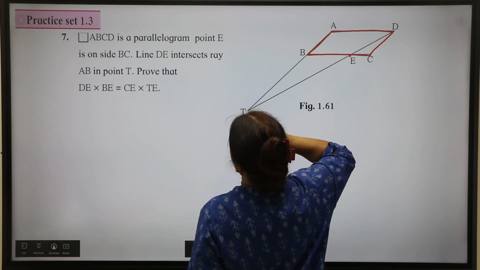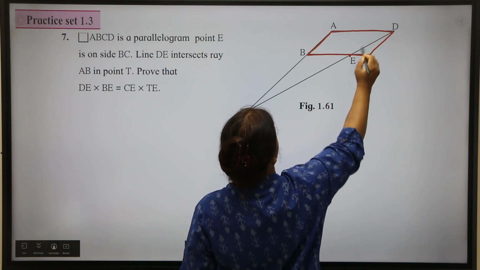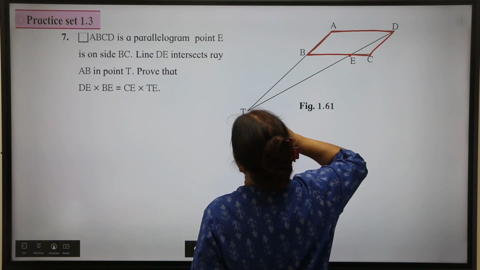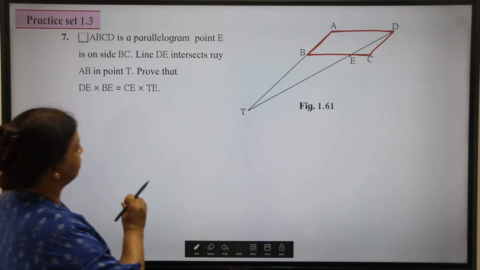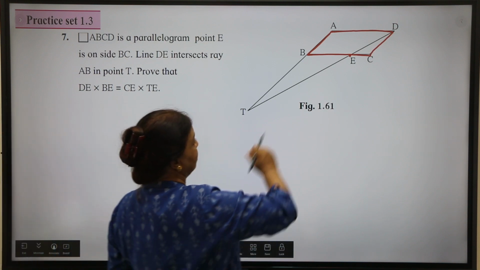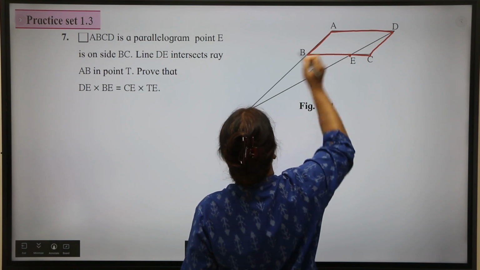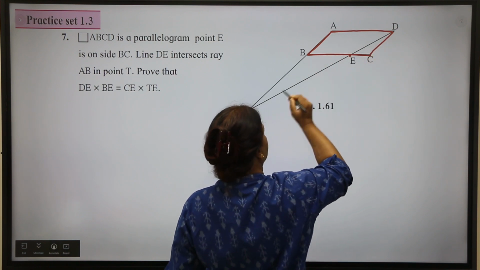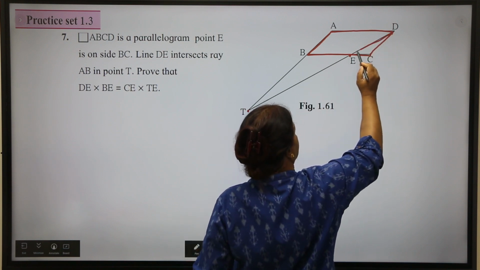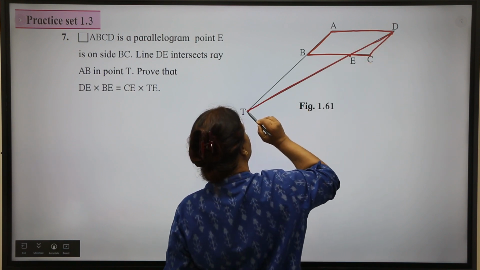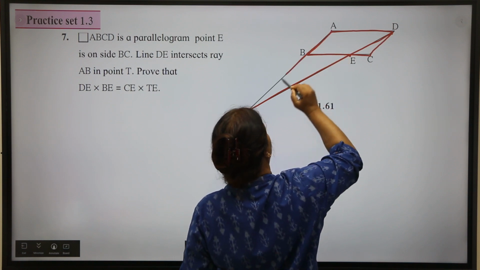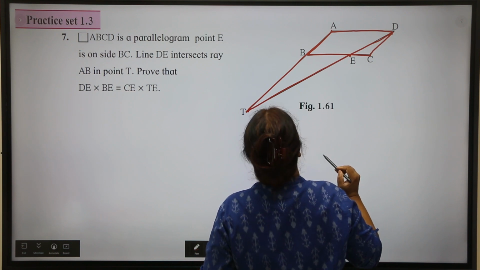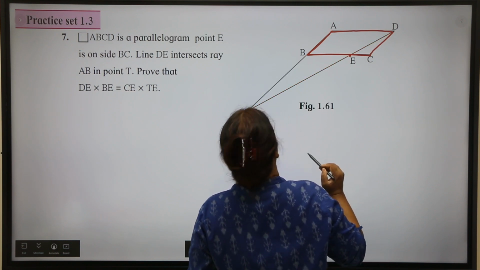This is point E. Line DE intersects line AB at point T. If you increase this line, it is going up to here, and this line is going up to here and intersecting at point T. Clear?